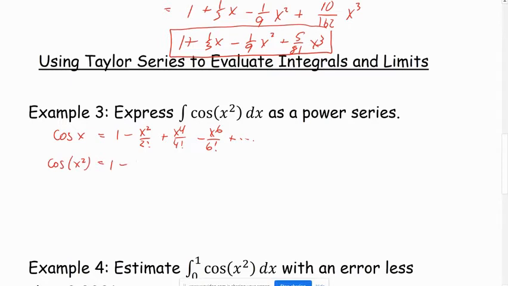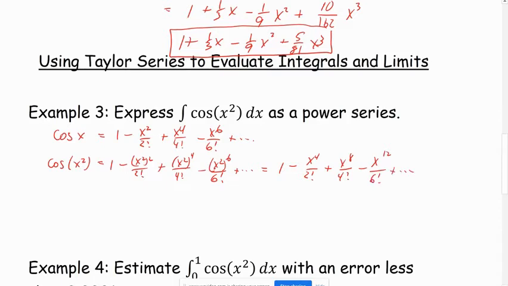So that's 1 minus x squared squared over 2 factorial plus x squared to the 4th over 4 factorial minus x squared to the 6th over 6 factorial, and so on, which would be 1 minus x to the 4th over 2 factorial plus x to the 8th over 4 factorial minus x to the 12th over 6 factorial, and so on and so on.